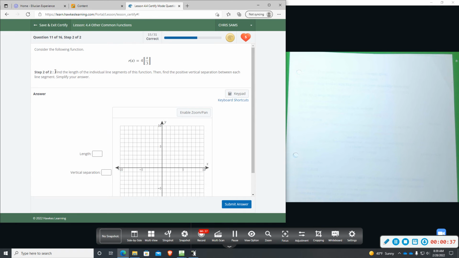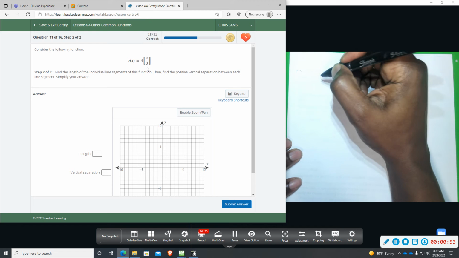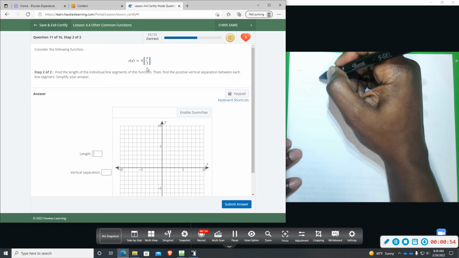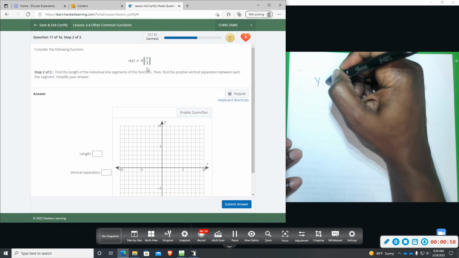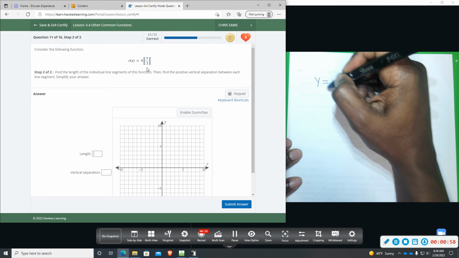And then part B, we want to find the length of the individual segments and then the positive vertical spacing between them. We haven't seen transformations yet, but when we begin to talk about transformations, I'm going to give you the general form.